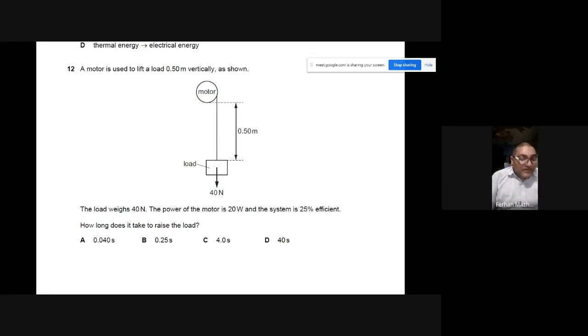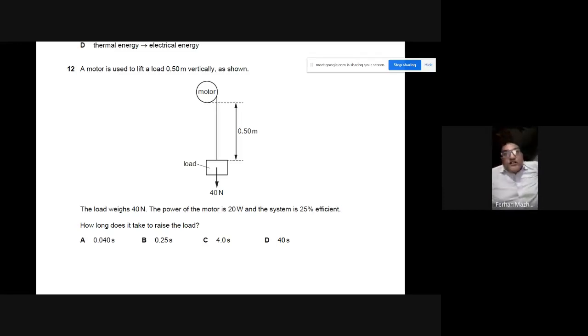Once you have the value of the useful power, we can calculate how much time it will take to do this work. The power formula is work divided by time. If you want to find time, the formula becomes work divided by power. In this case, the work is equal to weight multiplied by vertical height, divided by power, and you get the time.